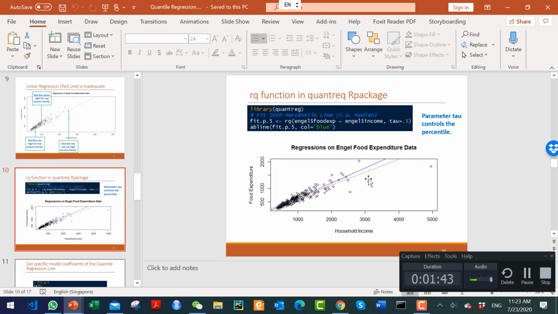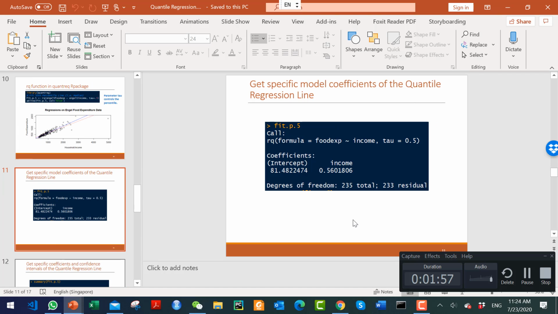So if you look at the quantile, the parameter that controls it we call tau. If tau equals 0.5, we can have another line.